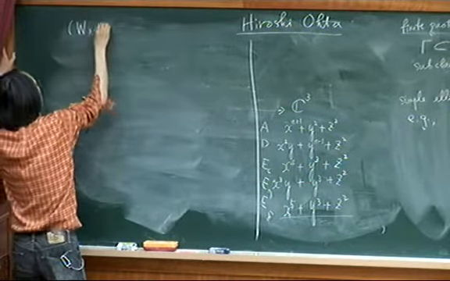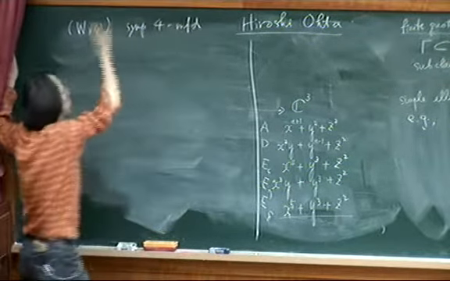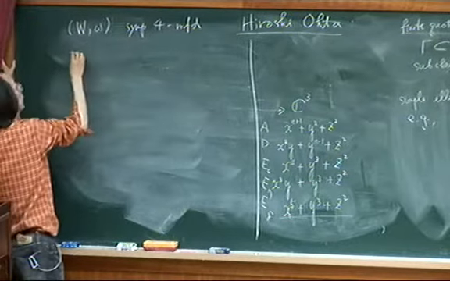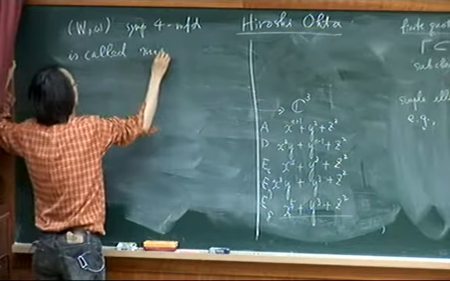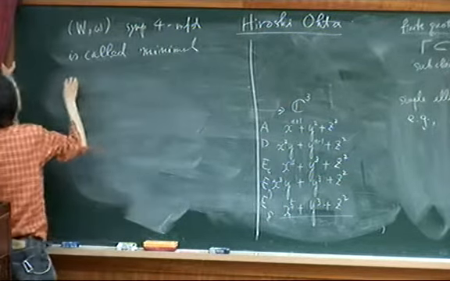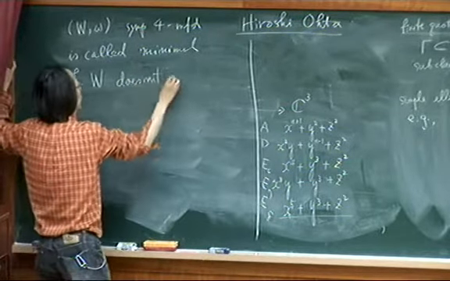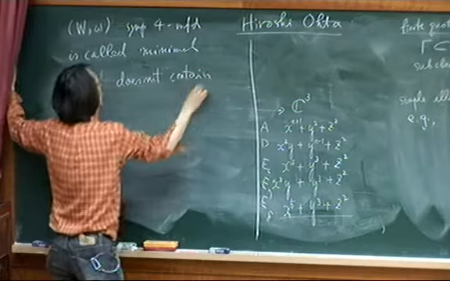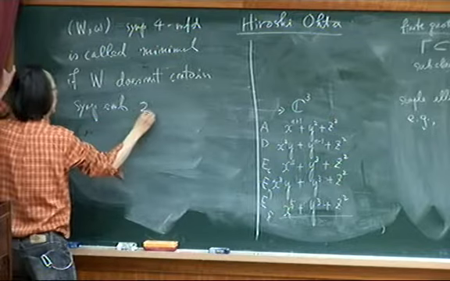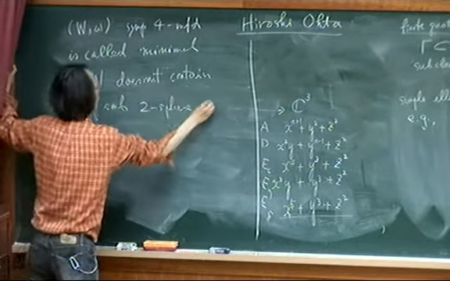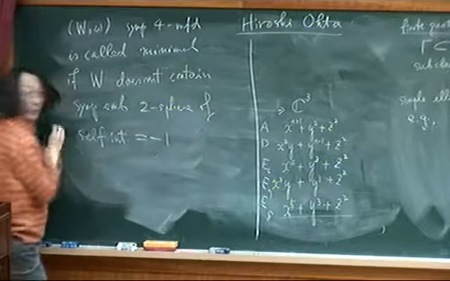So (W, omega) is a symplectic four-manifold, either compact or closed. It is called minimal if W doesn't contain a symplectically embedded two-sphere of self-intersection number -1.